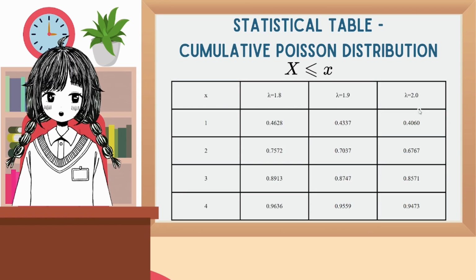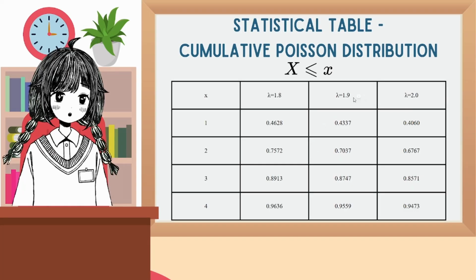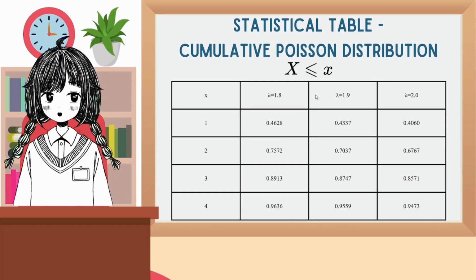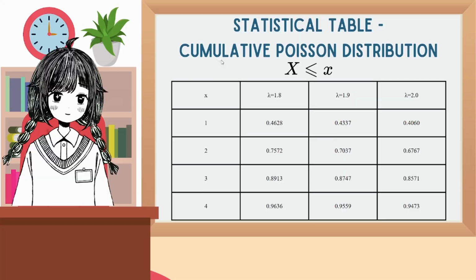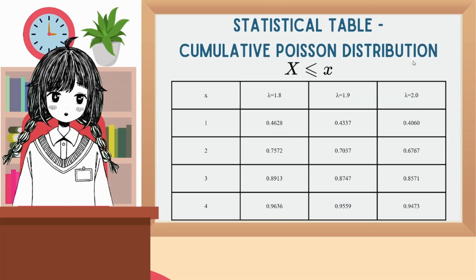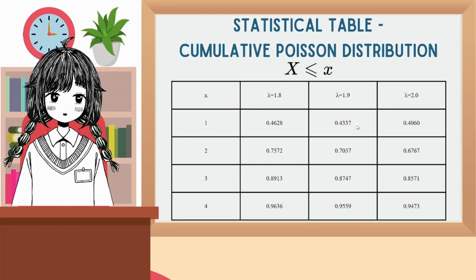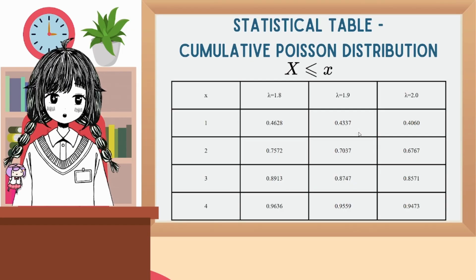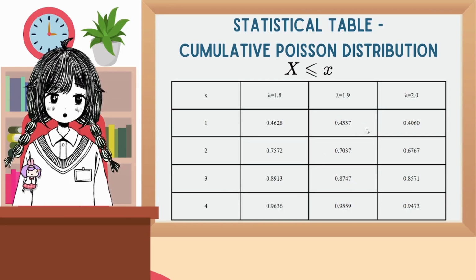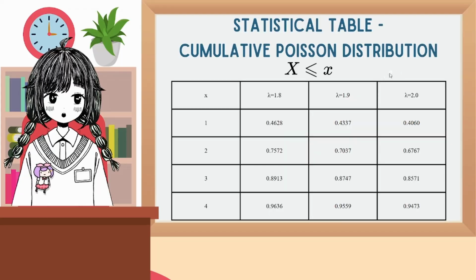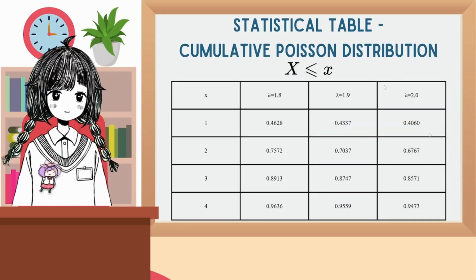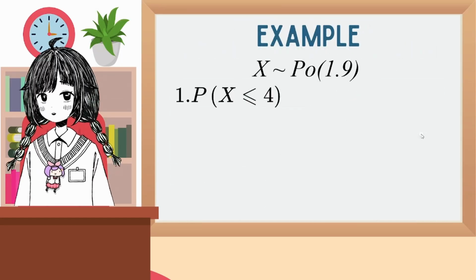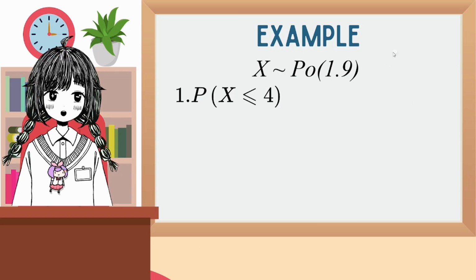You may refer to a whole stat table online, but remember to look specifically for the cumulative Poisson probability distribution. If not, you end up with the wrong table. If you're a student taking statistics, you may already have a stat table book provided by the university. So with that out of the way, let's look at the examples.